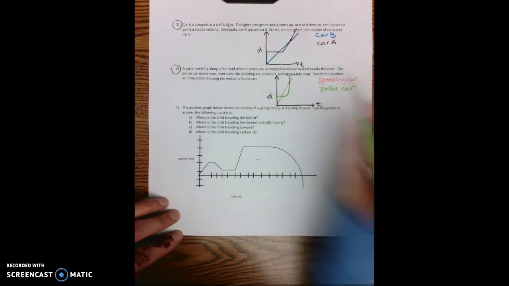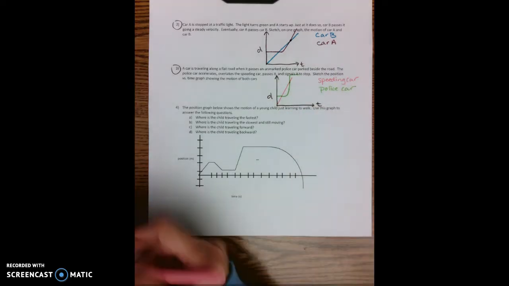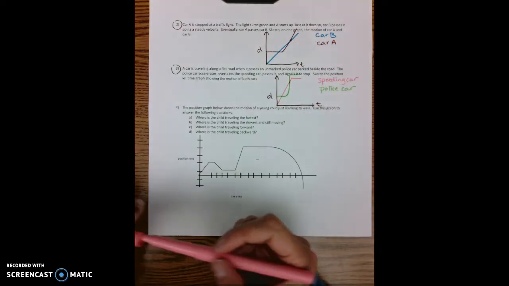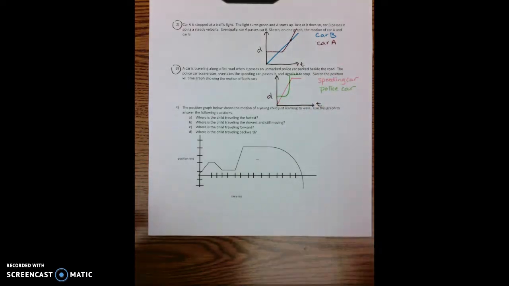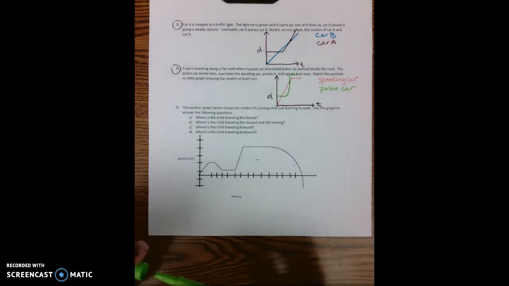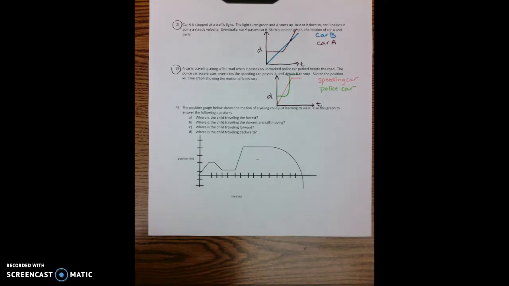So then they both stop and have zero motion at the end. That's a tricky one. I also kind of put that in a very small position time graph. You could make it spread out a little bit more.